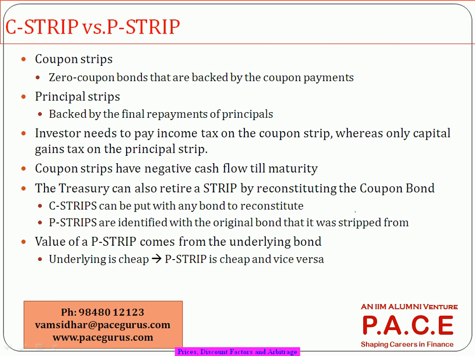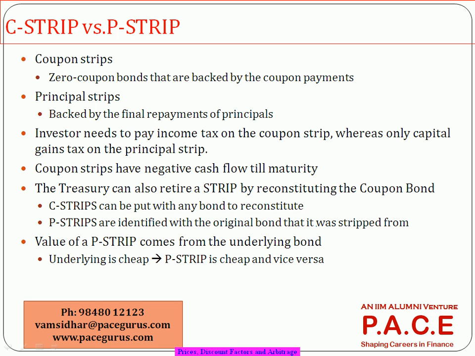So that is where we are talking of C strip and P strip. C is more to do with the coupon, P is more to do with the principal. Income tax has to be paid on the coupon strip, whereas on the principal strip we pay only capital gains tax. No accrued interest comes into the picture. Only when the principal strip is actually sold is the tax paid on it. So there is no accrual in the middle on the principal strip at all.